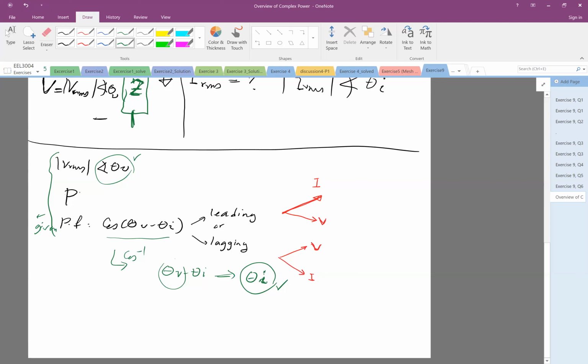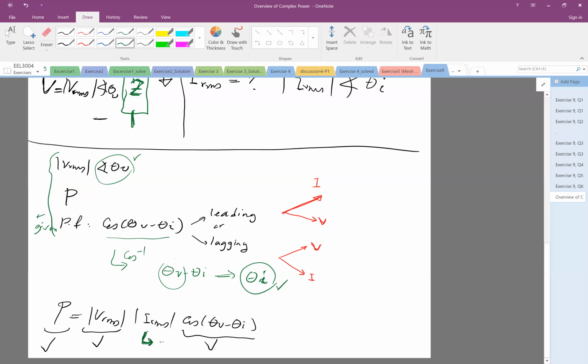P is also given, so I can use the formula that P is equal to magnitude of VRMS times magnitude of IRMS times the cosine of theta V minus theta I, which is again the power factor. P was given, the voltage also was given, so we can get the IRMS from here.